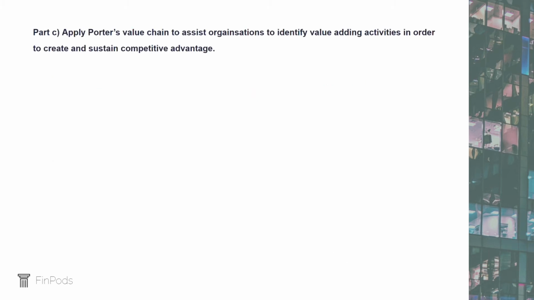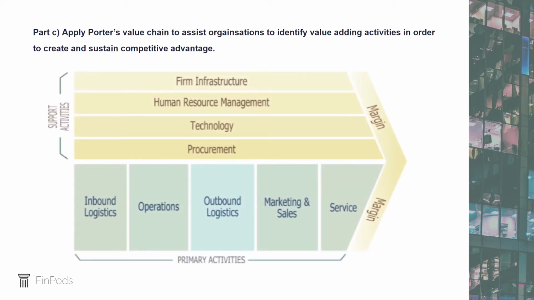Part C. Apply Porter's value chain to assist organisations to identify value-adding activities in order to create and sustain competitive advantage. Porter's value chain model is a useful framework for assessing the strategic capabilities of an organisation, as it offers a bird's-eye view of the firm and what it does and how its processes add value to the end customer.